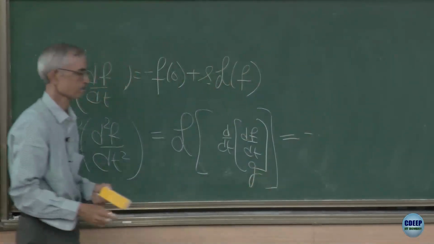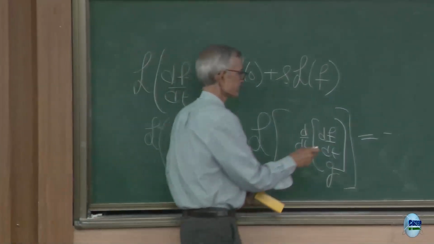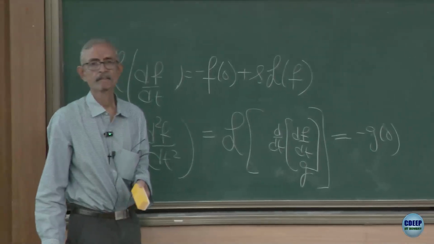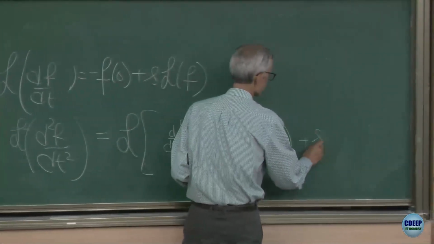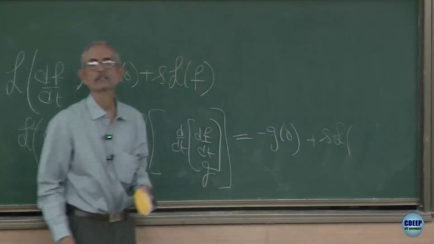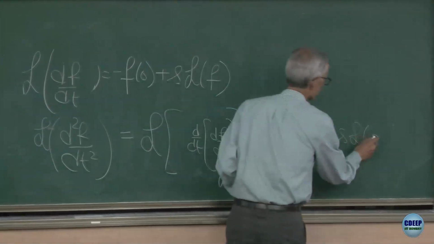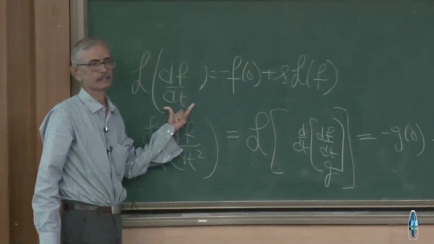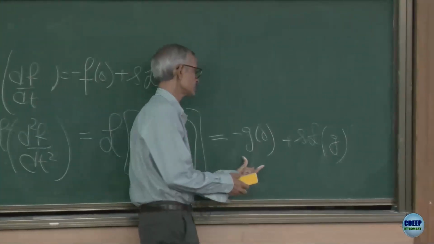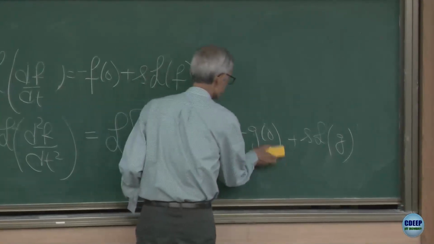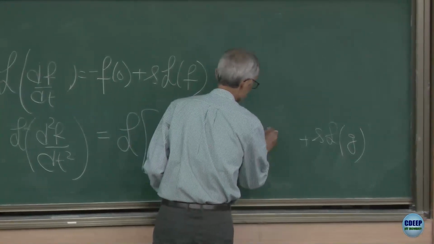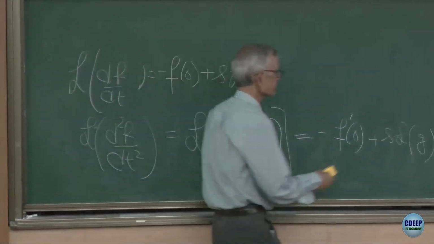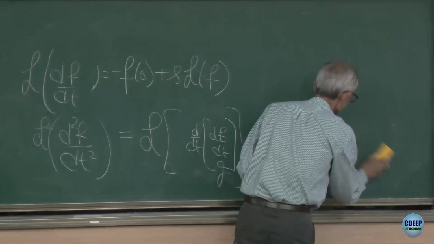Minus G0 plus s L of G. And I already have the L of G upstairs. So this is minus G0, and G is df dt, so this is minus f prime of 0 plus s times L of G. What is L of G?